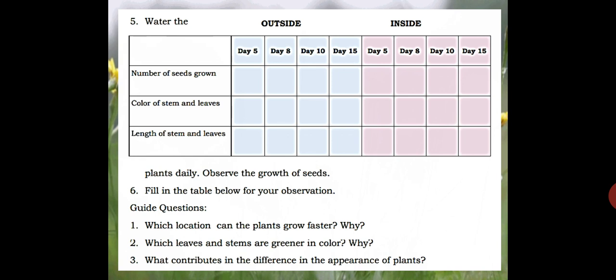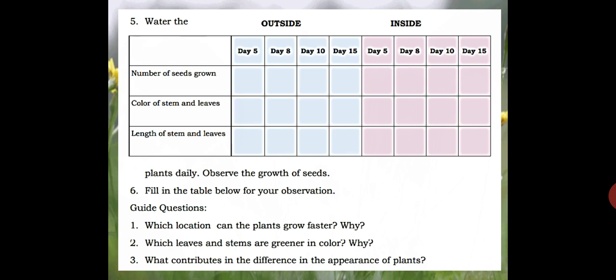So, mai-compare nyo based on the seeds na nag-grow. So, are you going to water the plants daily and observe the growth of seeds? Procedure number 6, fill in the table below, or nasa taas, for your observation and answer the 3 guide questions.